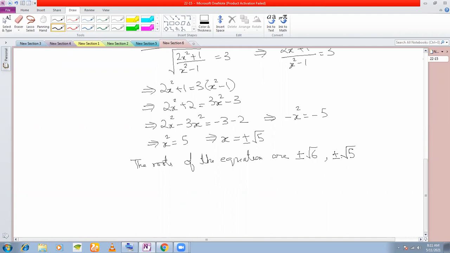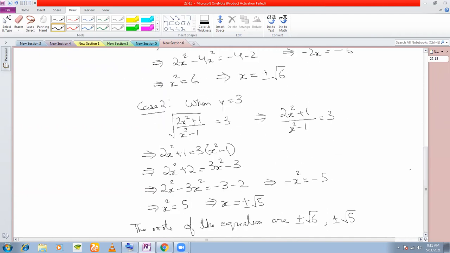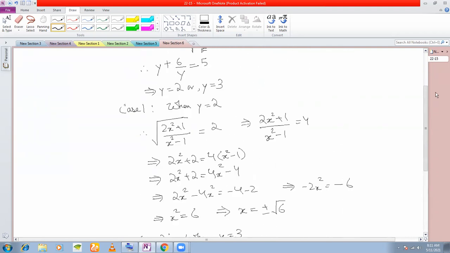Okay. Sir, but if you see the equation here, the answers are not matching. What is the answer? The answer is plus minus root over 5 by 2 and plus minus root over 10 by 7. Yes, sir.